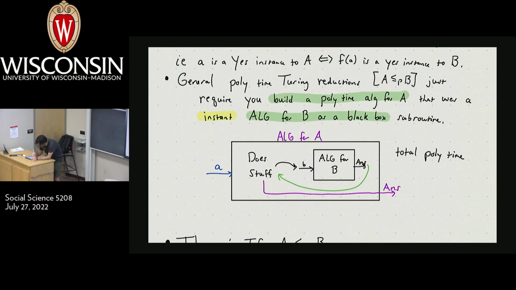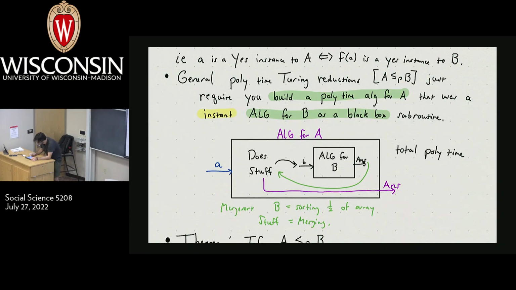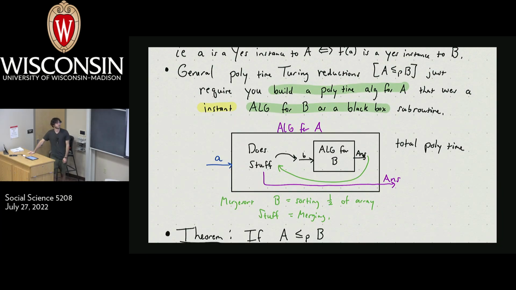So merge sort is one example of this. Here B would correspond to sorting half of the array, and the stuff is merging. Any questions on what A reducing to B in polytime means?